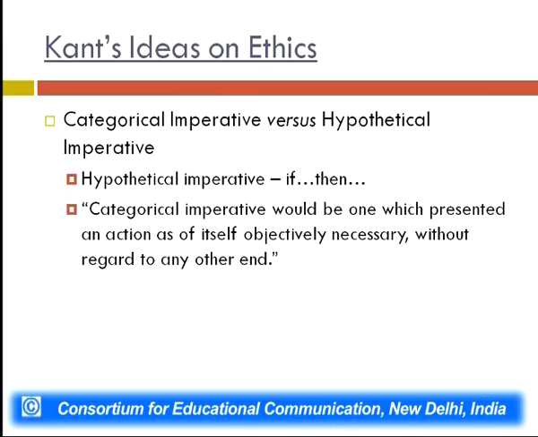So, regarding the categorical imperative, Kant says it would be one which presents an action as of itself objectively necessary without regard to any other end. So, the categorical imperative does not involve any consideration of any kind outside of that imperative.